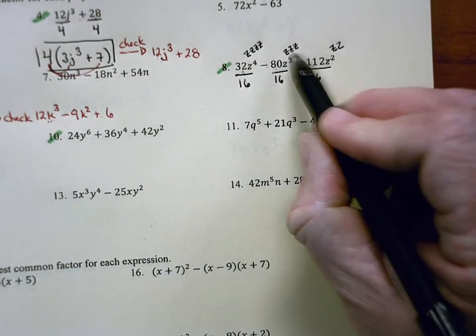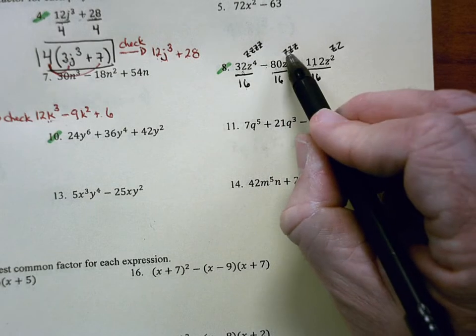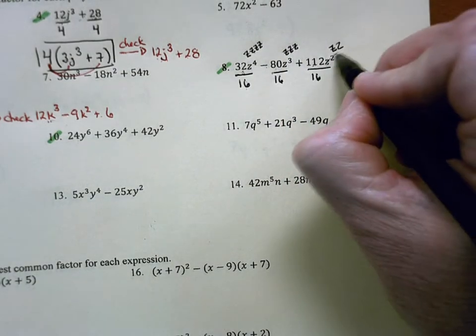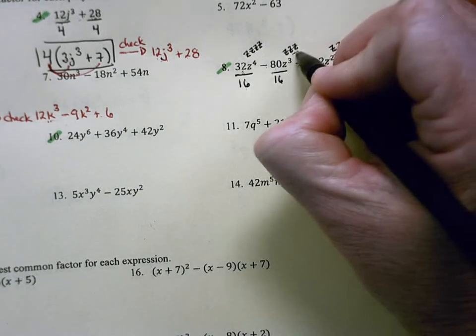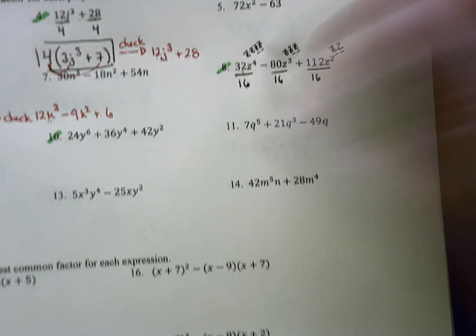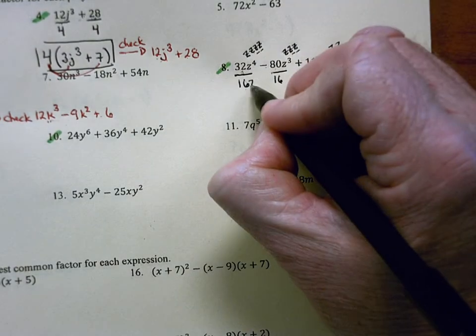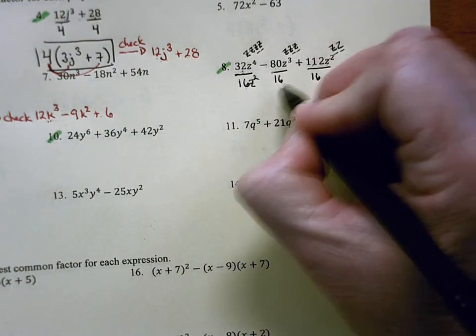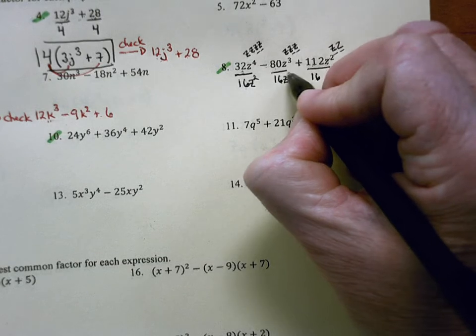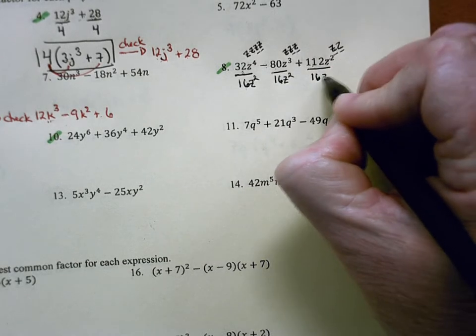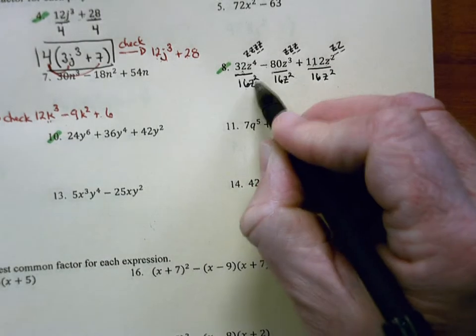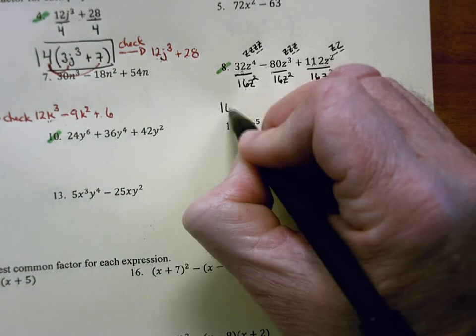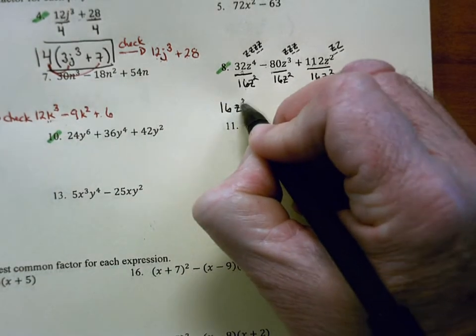So how many z's are in each term? Well, you can see there's at least 2 z's in every term. So that means I'm going to divide not just by 16, but by z to the second. Okay? So my greatest common factor is 16z to the second power.